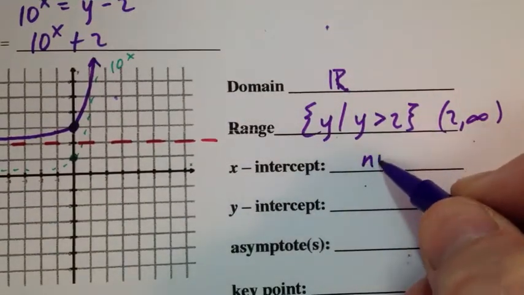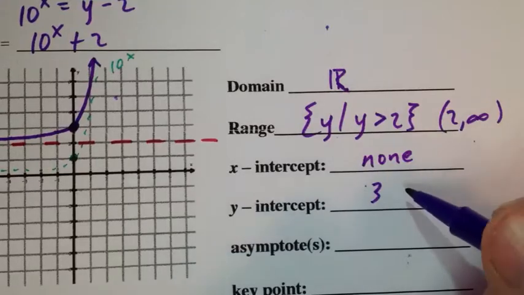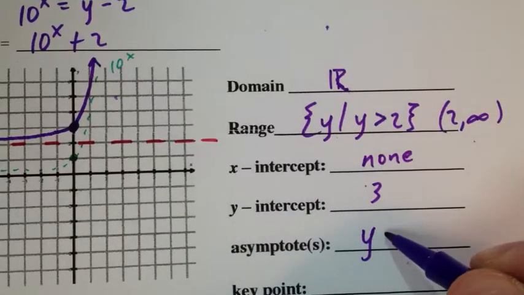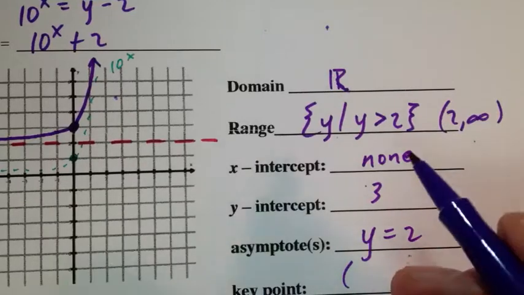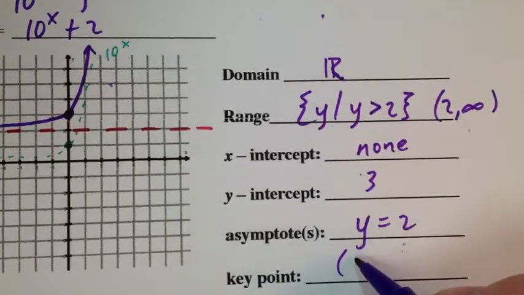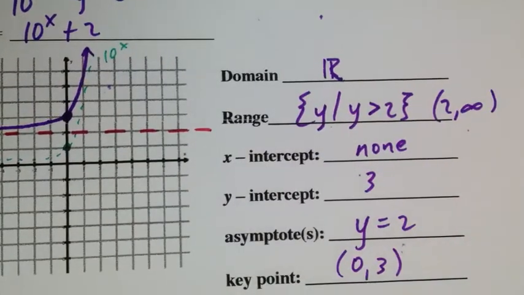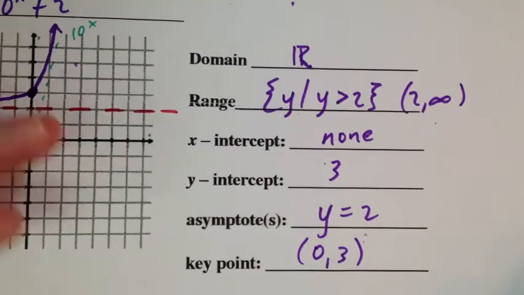The x-intercept is none. The y-intercept is 3. The asymptote, instead of being x equals 2, is y equals 2. And the key point, instead of 3, 0 on the function, we have 0, 3 on the inverse of f of x. Alright, so there's graphing.